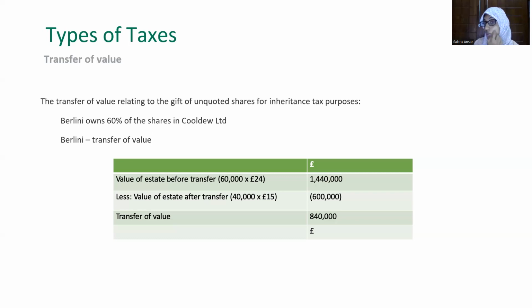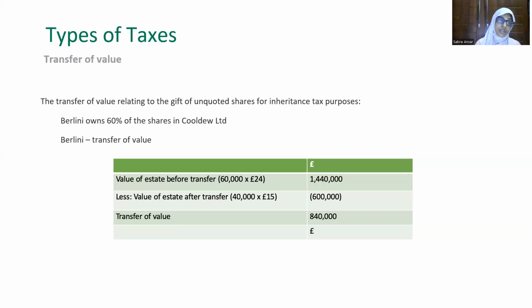And out of 100,000 shares, how many shares did Berlini have? She had 60,000. So how much percentage is that? Out of 100,000, she has 60,000, that means she has 60% of the shares. So she is basically the main shareholder of Caldew Limited, as we can see.